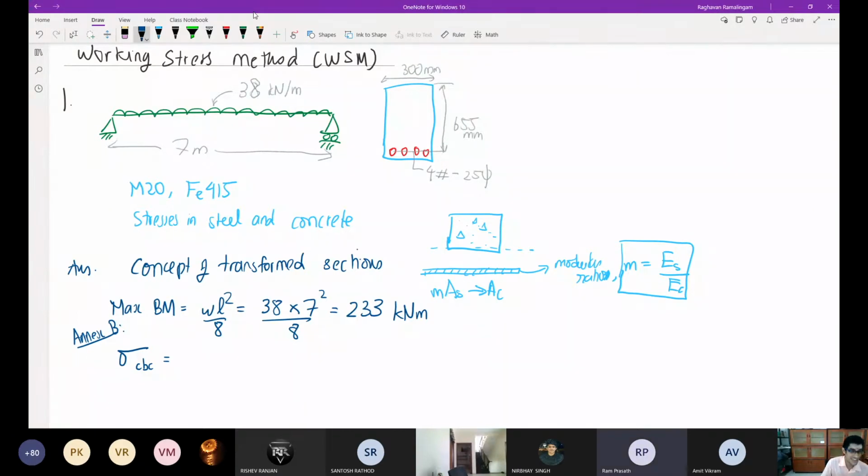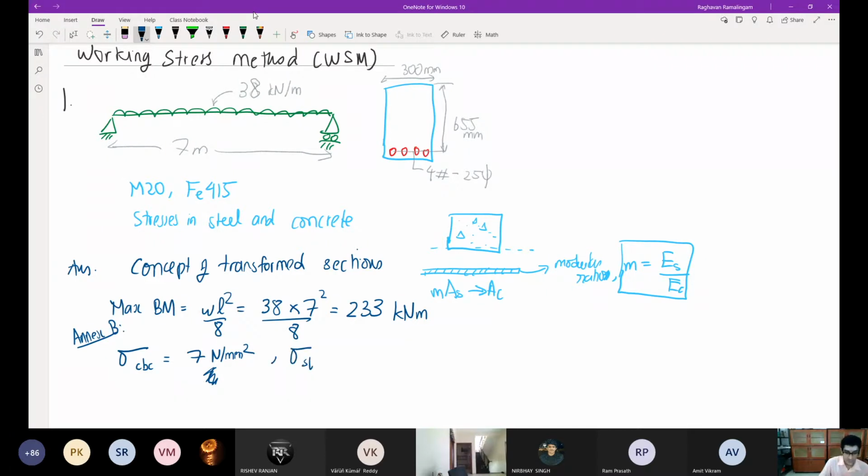6.6. So like 1/3 of 20. So how much can you take? 7. Take it as 7. Don't take 6 point something and all. So in many cases, you can either write Newton per millimeter square or MPa, megapascals.